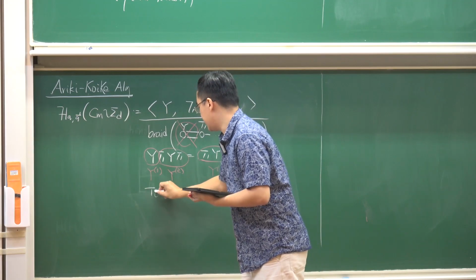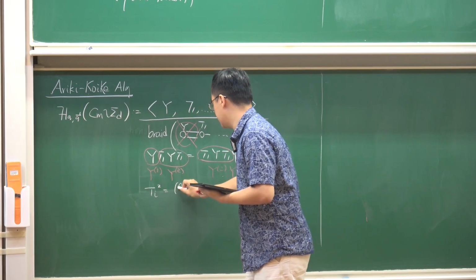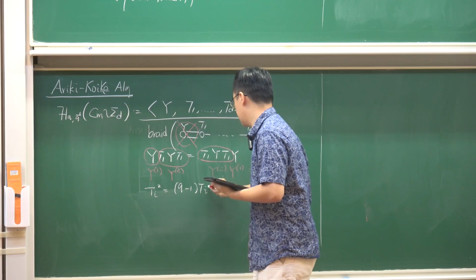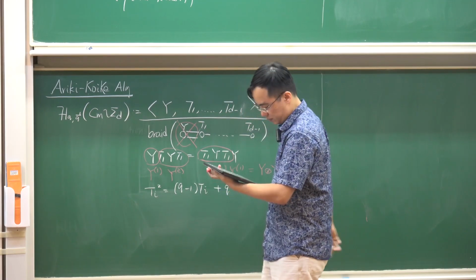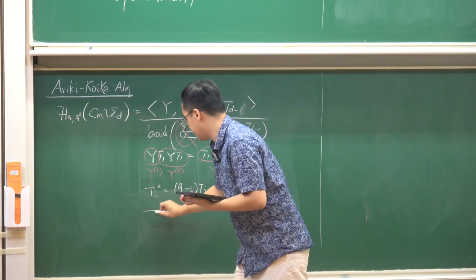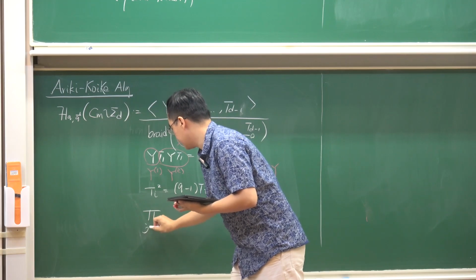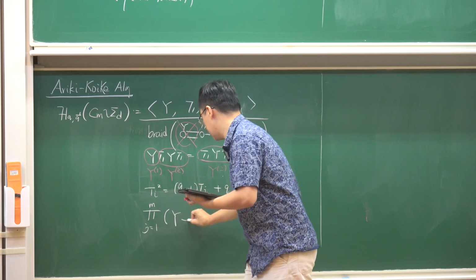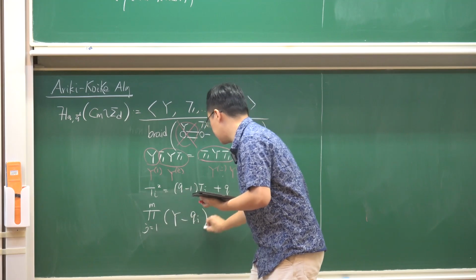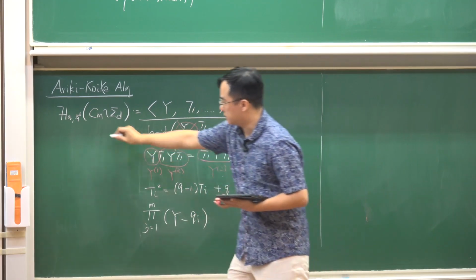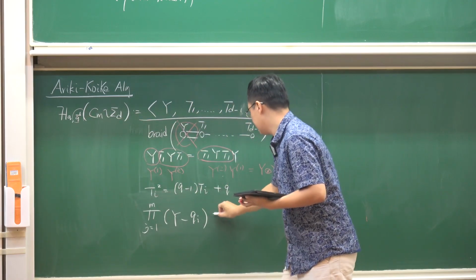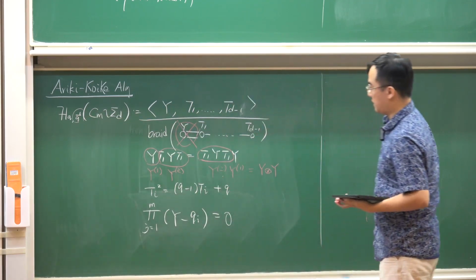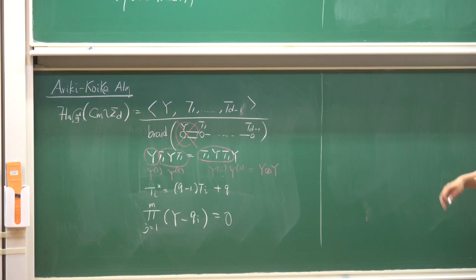For example, the Ti, those type A generators, satisfy the usual quadratic relation, and there's an extra cyclotomic relation for this y. So these Qi are parameters, which is described here. This is 0. And when you set m equals to 2, you recover the Hecke algebra of type B.